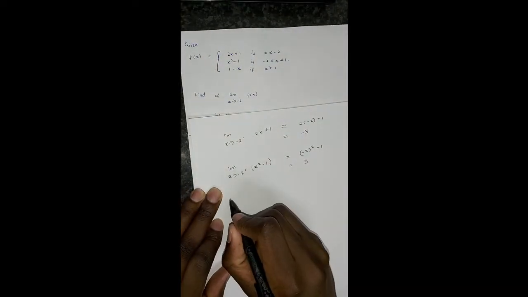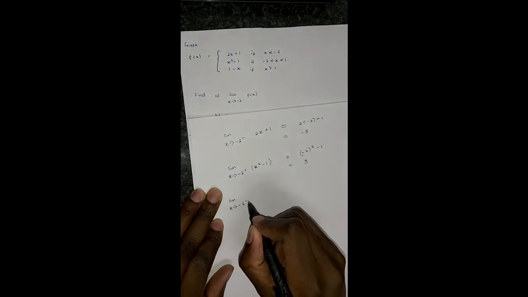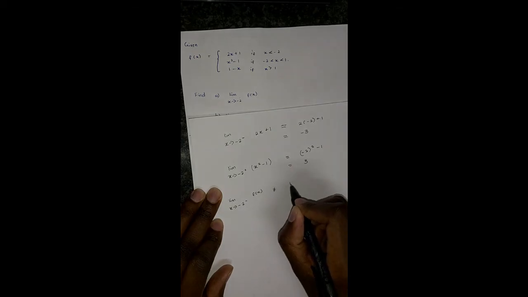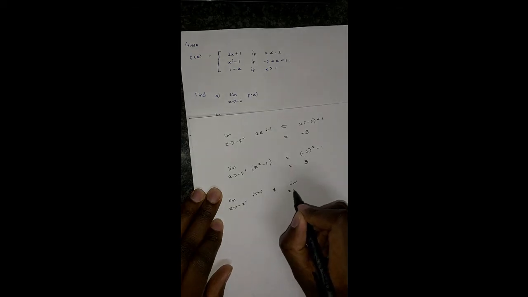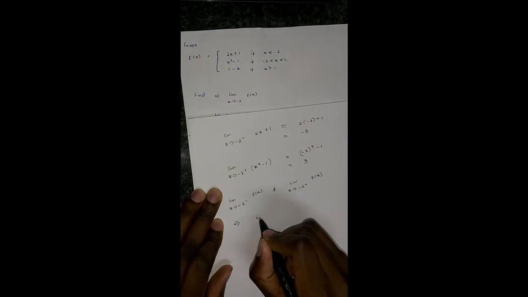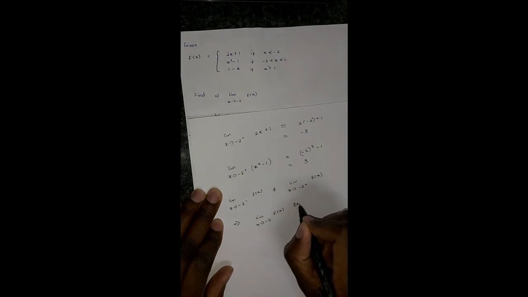Hence, we can conclude that since the limit as x approaches negative 2 from the negative of f of x is not equal to the limit as x approaches negative 2 from the positive of f of x, therefore the limit as x approaches negative 2 of f of x does not exist.